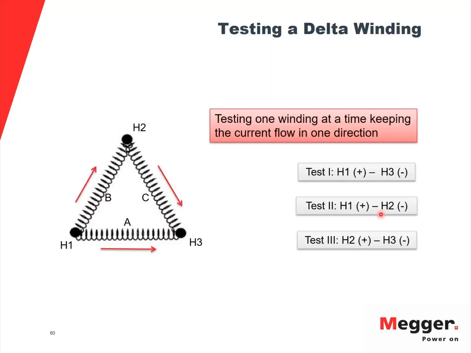So when you test B phase, don't test 2 to 1. That would be putting in twice the effort. So make sure that you test B phase from 1 to 2, and likewise C phase from 2 to 3, because that's the direction you started with, and you want to maintain the same direction of the current. That would ensure that your flux is setting up in the same direction.